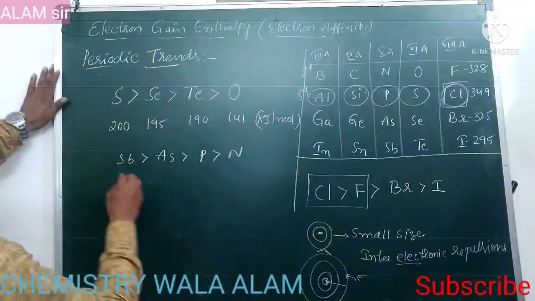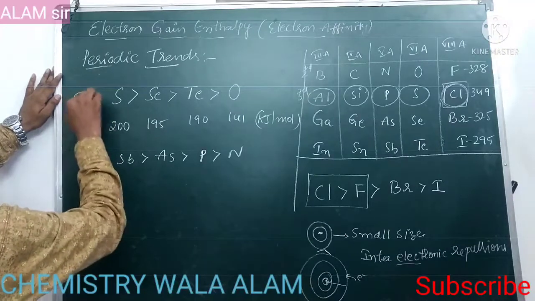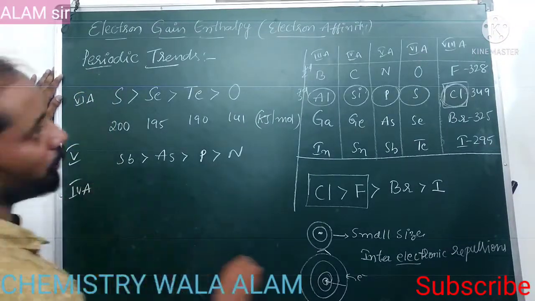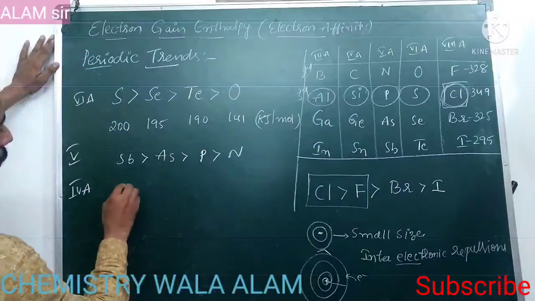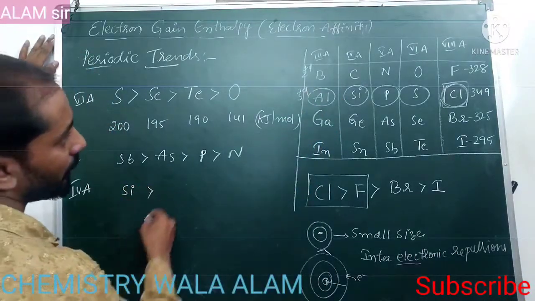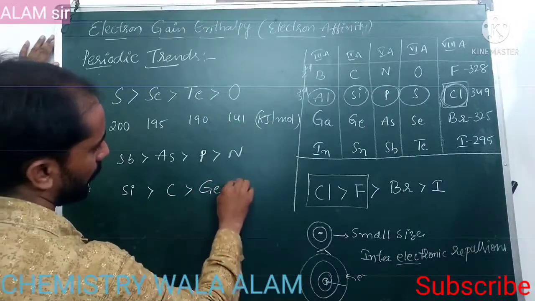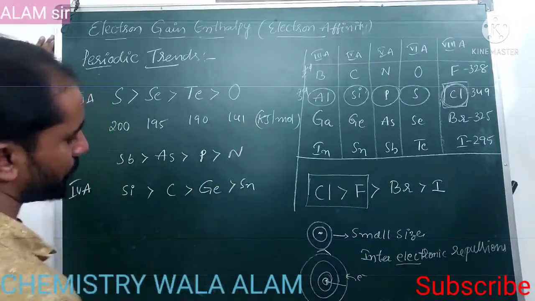Next, the fourth group elements. This is the 6A, no? This is the 5A and the 4A group elements. The 4A group elements are, first silicon, then carbon, then germanium and tin.